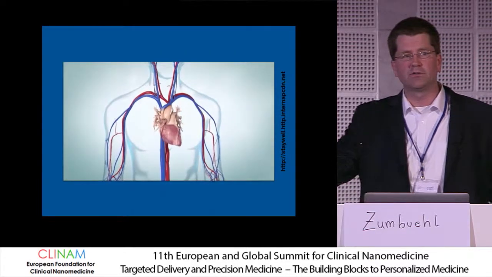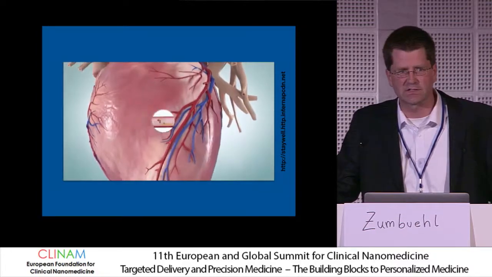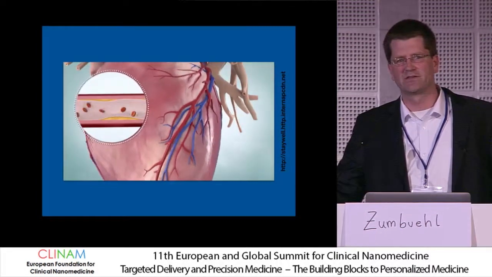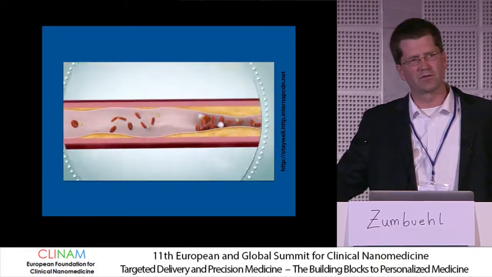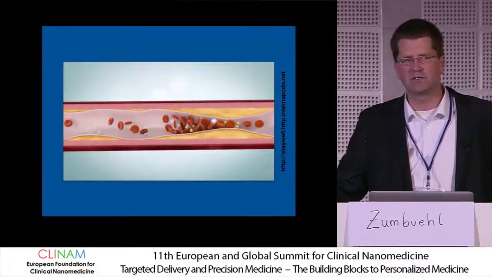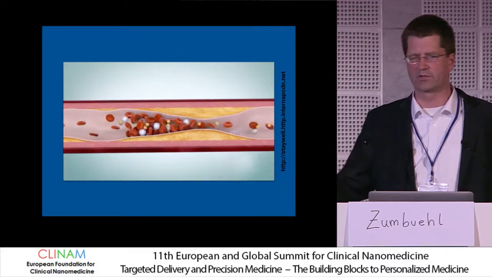Now, myocardial infarction is obviously a disease of the blood vessels, and it's very much a physics disease. If you look now at the stenosed artery, what you can see is we change the physics of the blood hemodynamics.